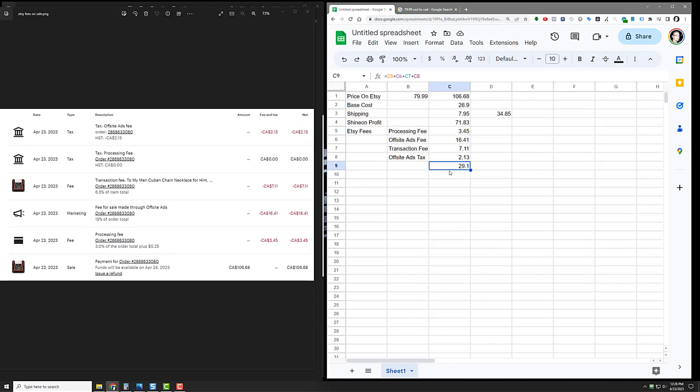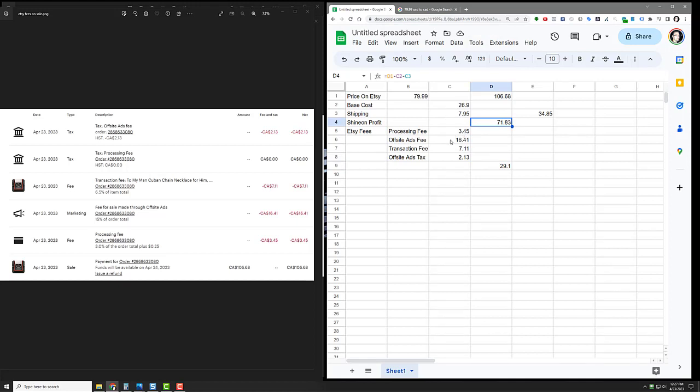And I'm going to move these over here. So I'm at 106 I brought in. My base cost was $26.90. My shipping cost was $7.95. So now in Canadian dollars, I'm at $71.83.